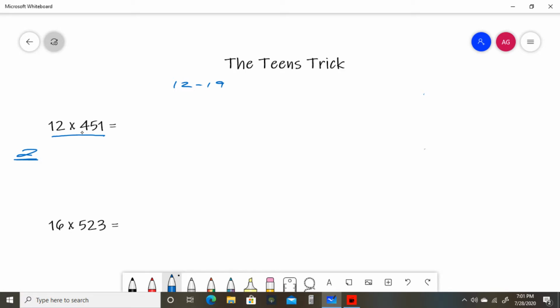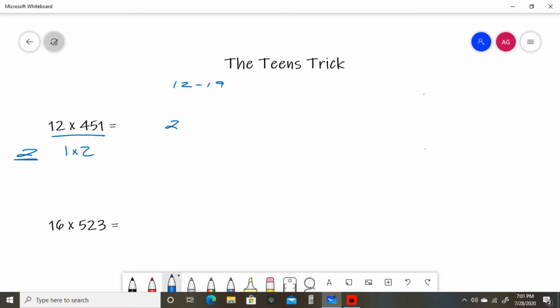So the units digit of 451 is 1, and so we're going to take that 1 and multiply by 2, this 2. If this was 13 times 451, we would do 1 times 3. 14 times 451, it would be 1 times 4. You get the idea. So 1 times 2 gives us 2, and that's the ones digit of our answer.